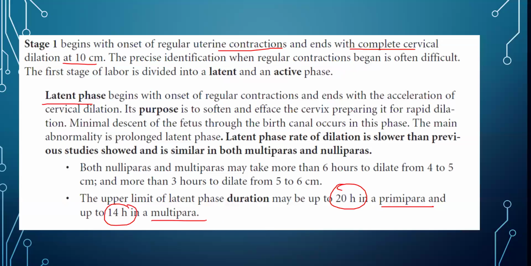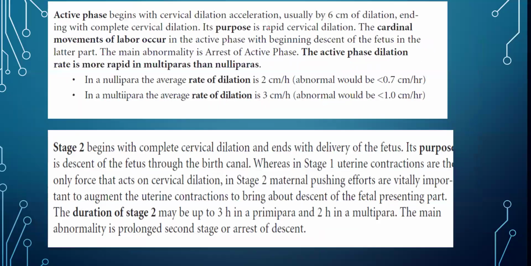So latent phase just starts with contraction, and then gradually the cervix becomes dilated and effaced. And usually there is nothing wrong with a bit of prolonged latent phase. Okay, so 20 hours you can wait for this latent phase to become active phase for a primigravida patient. That means first time mother.